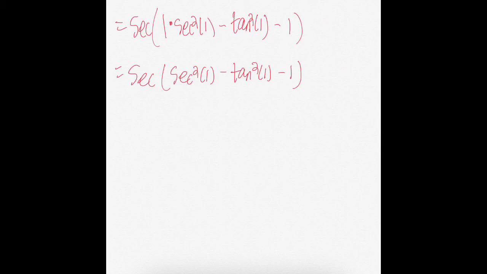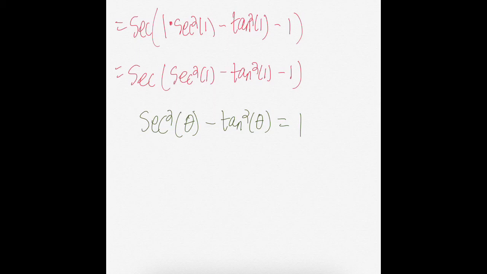Golly, I still have these secants and tangents all over the place. That's kind of a pain. Until we either remember or learn, depending on your background. Maybe you've seen it, maybe you haven't. The lesser famous trig identity, that secant squared theta minus tangent squared theta is equal to 1.